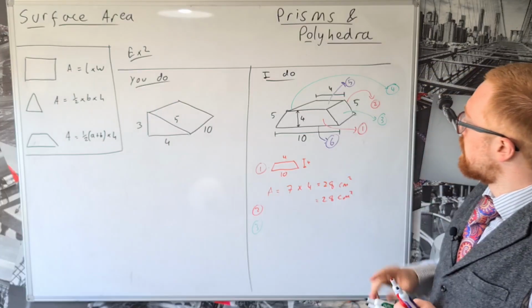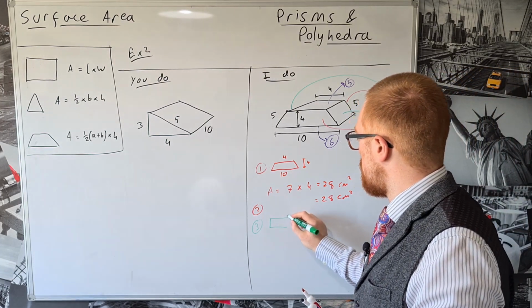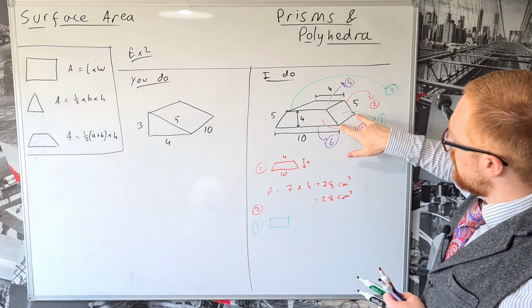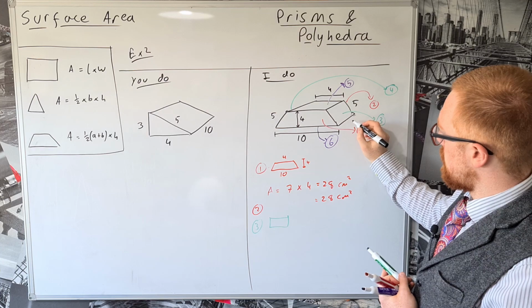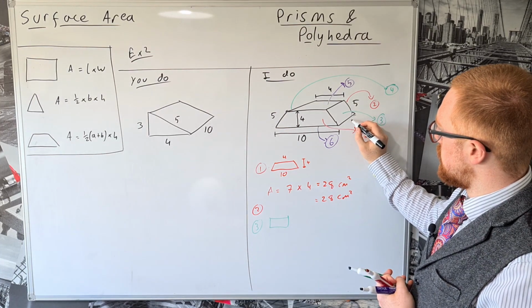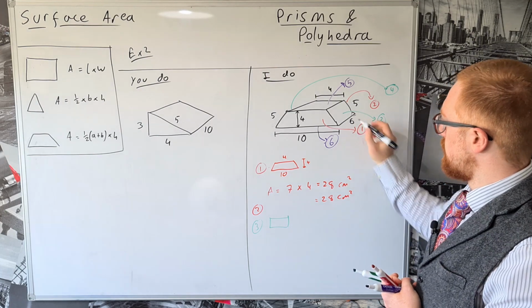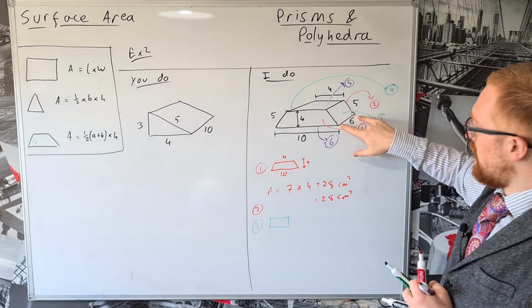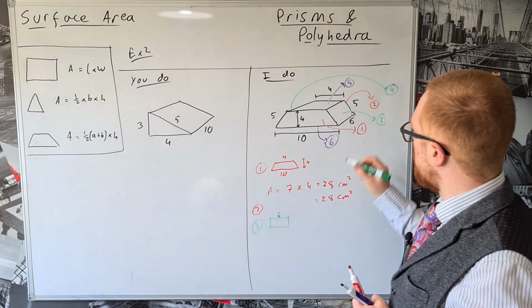So 3 is a rectangle again. And we need this length here, which is 6. So I know that it's 6 long.